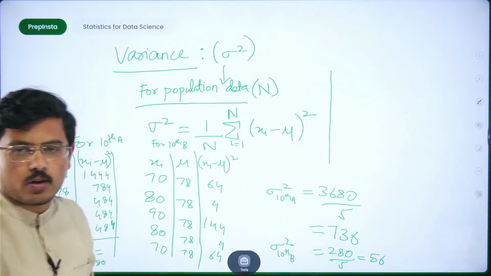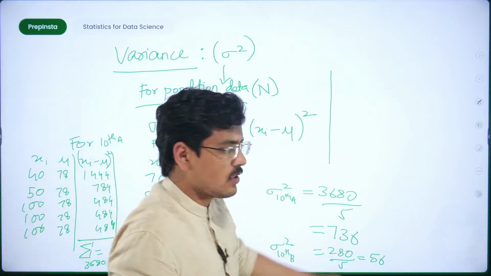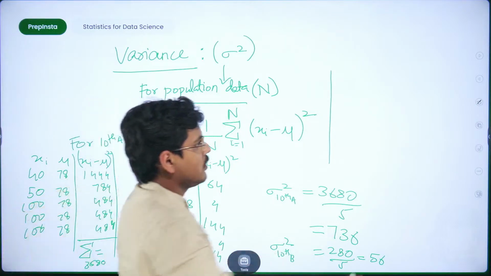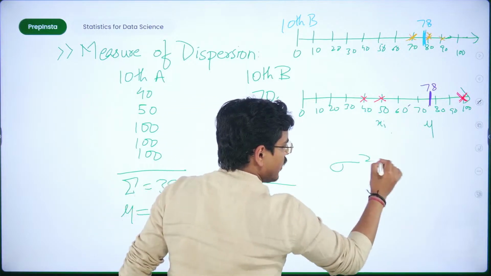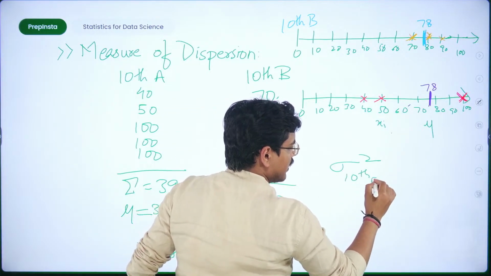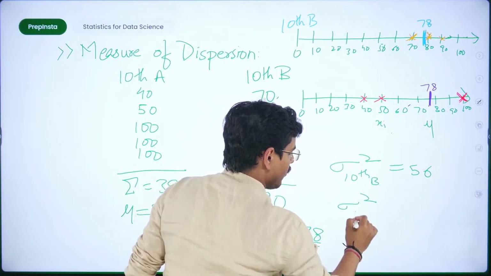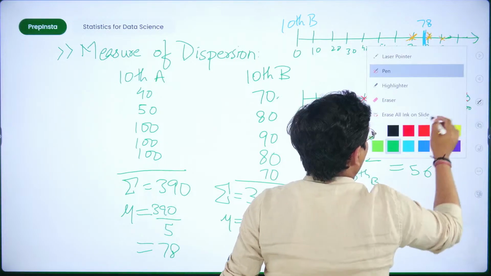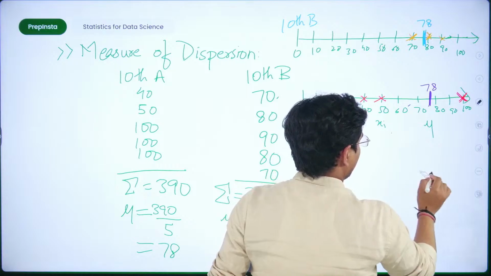Now imagine yourself, see the difference here and here. The variance for 10th B, sigma square of 10th B, came out to be 56. Rather I should write it on a different slide, so that when I later give you this PPT, you have a better understanding of things.